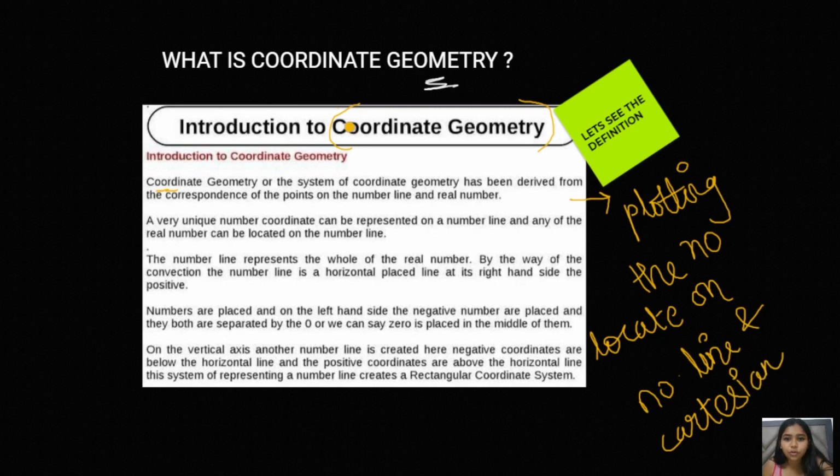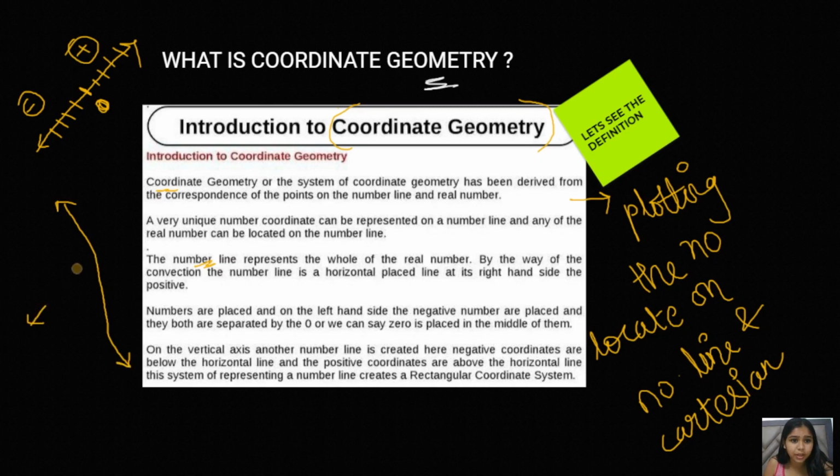I already explained how to create a number line in chapter number 1. This is the number line. There is an origin at the center which is marked as O. On the right side there are the positive integers, and on the left side there are the negative integers. Then in linear equations in two variables, I told you about the Cartesian plane.